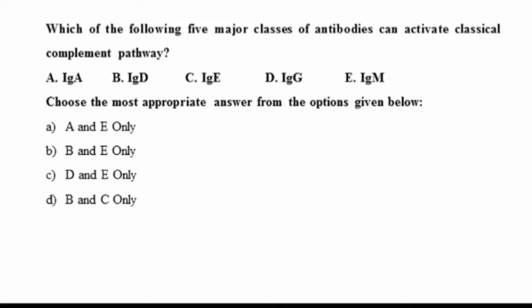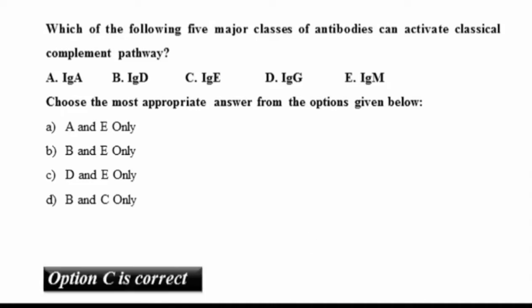When an antigen enters the body, the antibody, which is either IgM or IgG, binds to it and induces a conformational change in the Fc portion of the antibody, which exposes a binding site for C1 proteins, the complement proteins. So the right answer to this question is option number C, D, IgG, and E, IgM only.